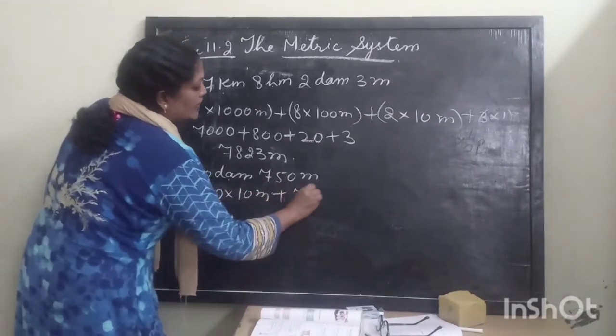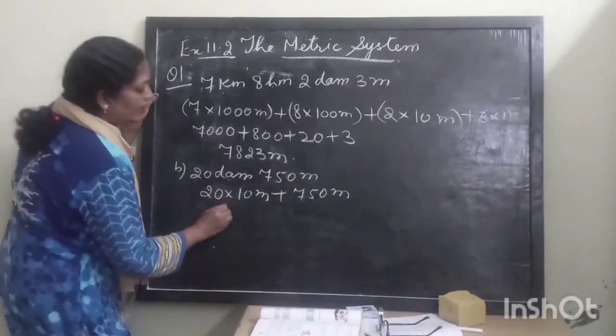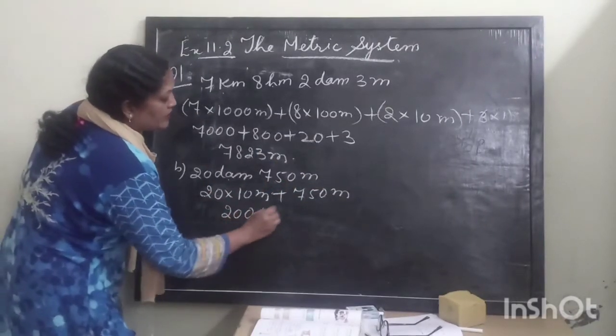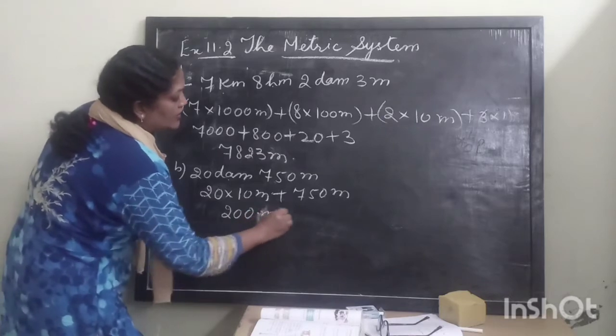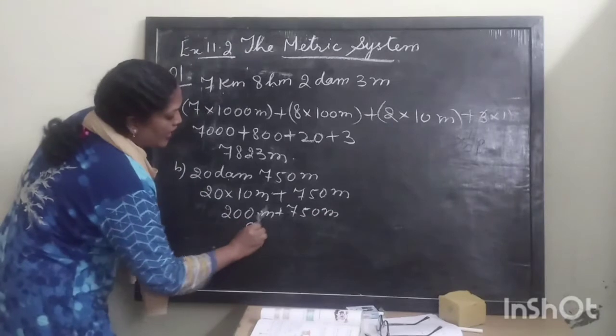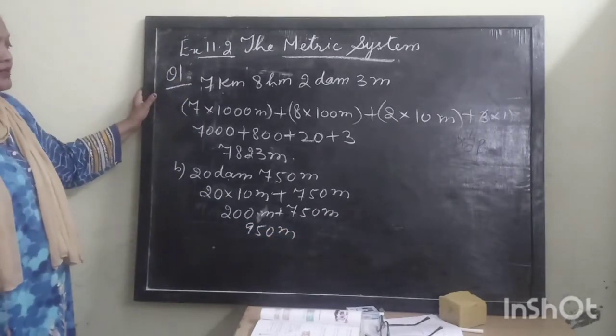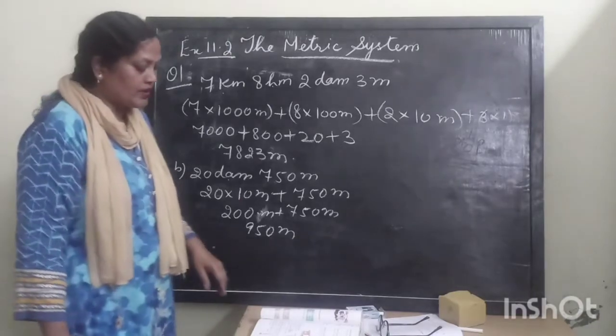This is already given in meters, no need to change. 20 into 10, 200 meters plus 750 meters. That is 950 meters. All of you understood this? These notes I will send in the campus group.